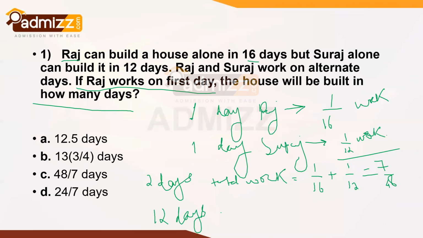So in 12 days, total work is 7 times 6, which is 42/48, which is 7/8.